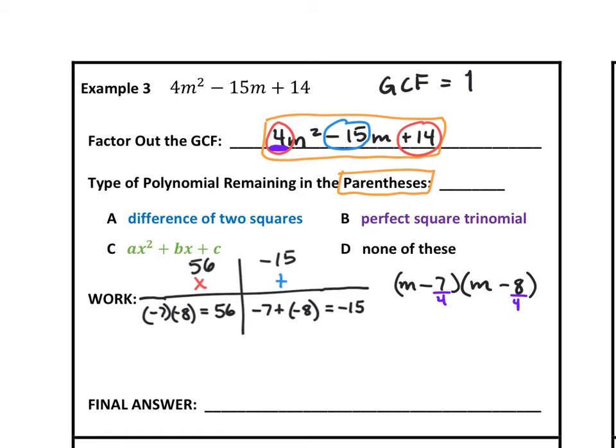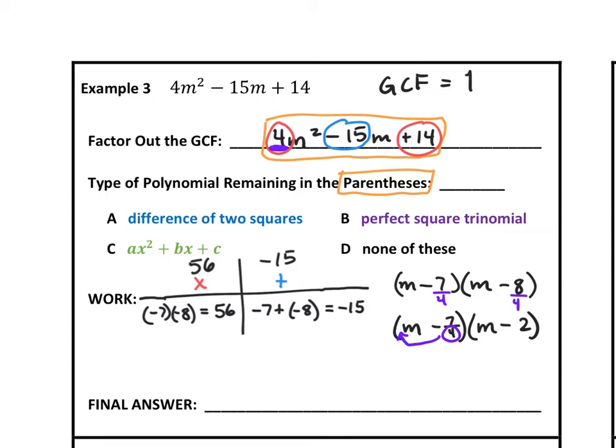So I have m minus 7/4 because I can't divide, right? And I have m. Can I divide 8 by 4? Yes, that's 2. Okay, and then if there is a fraction left over, I need to take that denominator and put it up in front of the m, right?